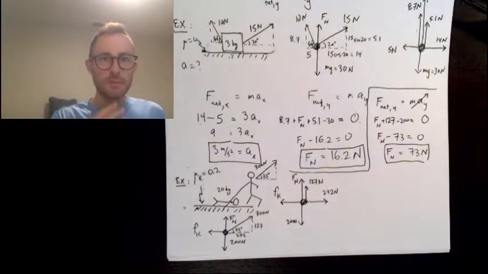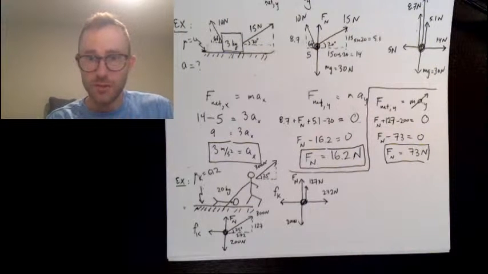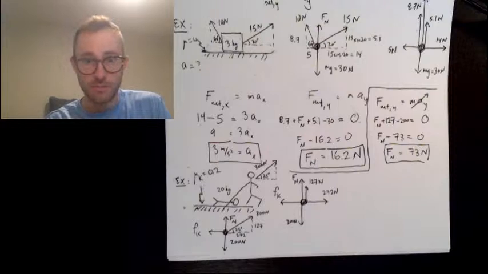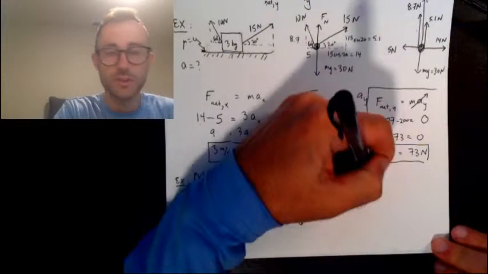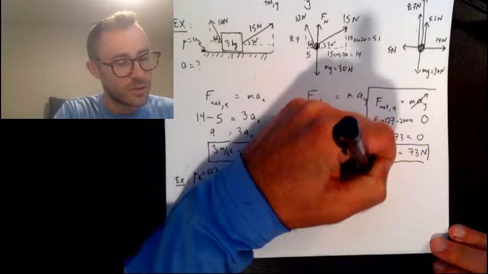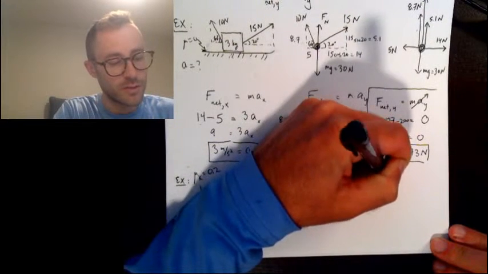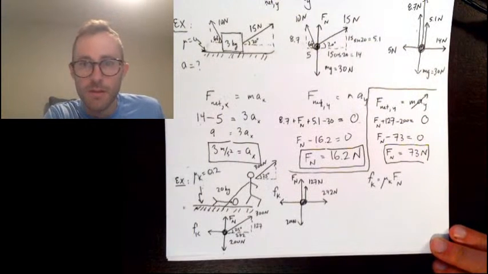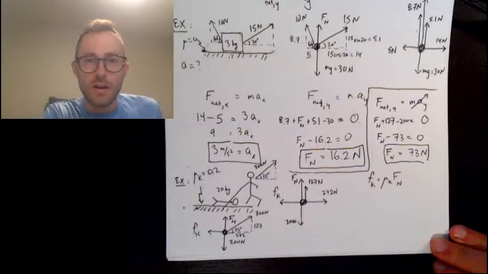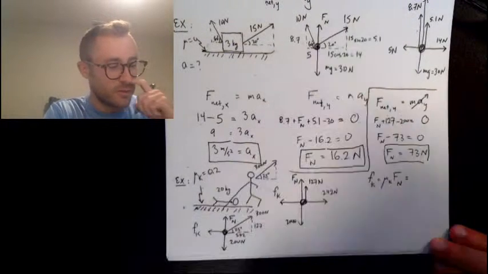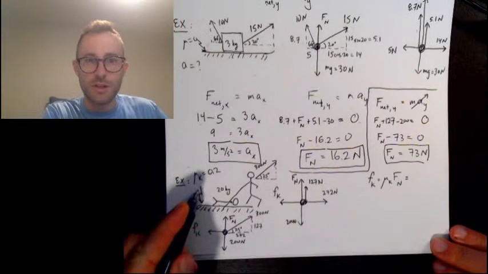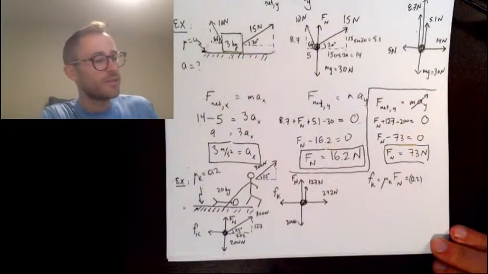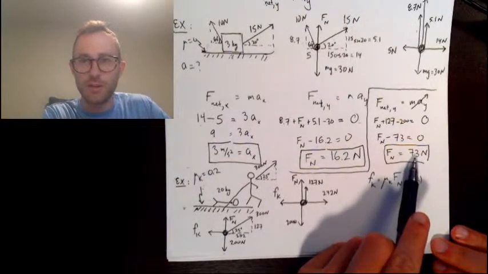Now, what the normal force allows us to do is calculate friction. We learned a formula for friction in the last lesson: kinetic friction is the coefficient of kinetic friction times normal. The coefficient of kinetic friction is 0.2, and the normal force, I just found out, is 73.